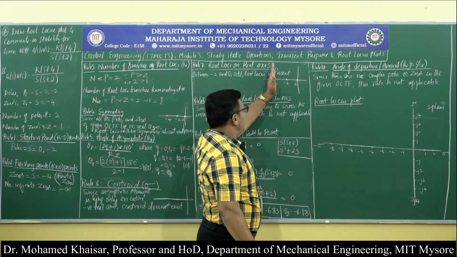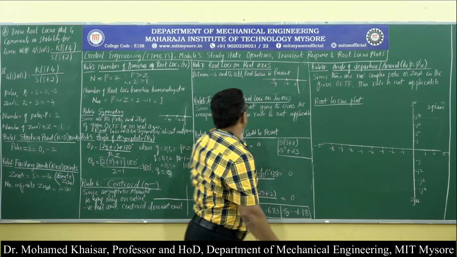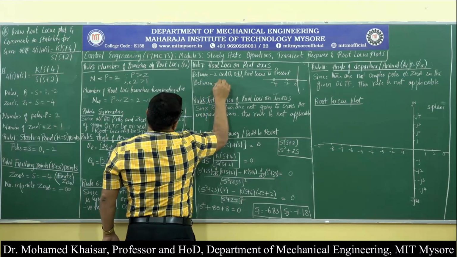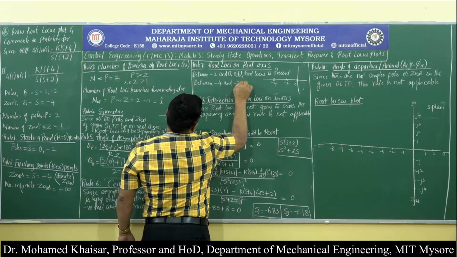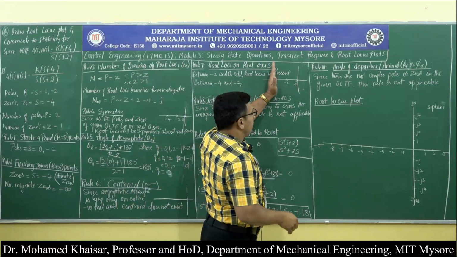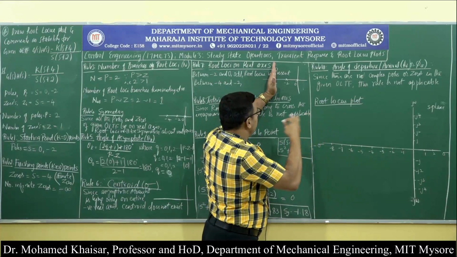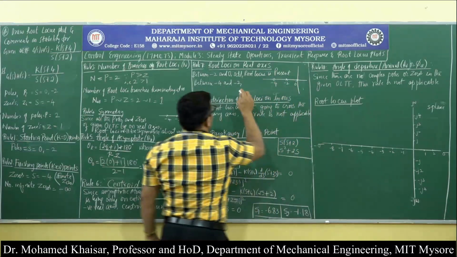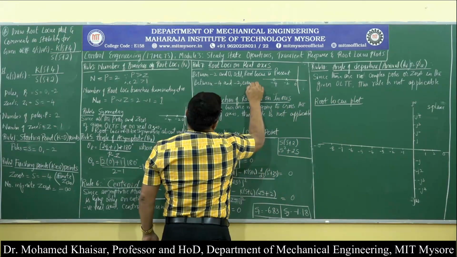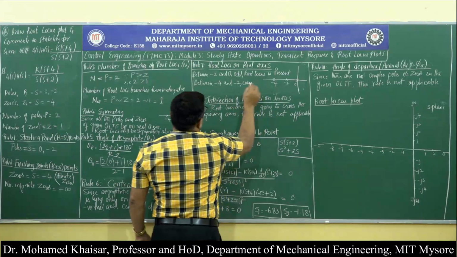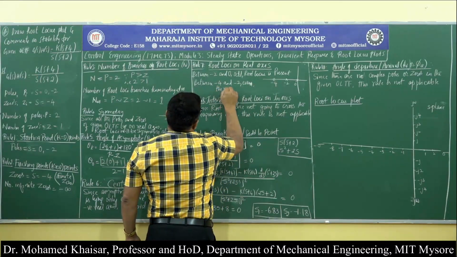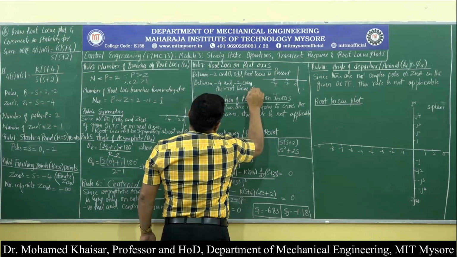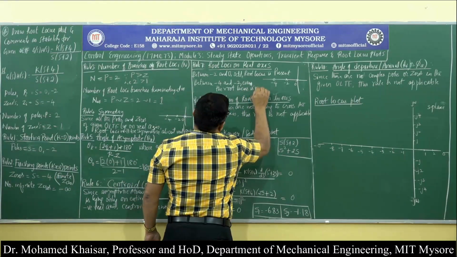Then between -4 and -2, if we keep our hand here towards our right, the count is going to be even, because 1, 2 poles are there. So, the count is going to be even, because of which the root locus is not present.